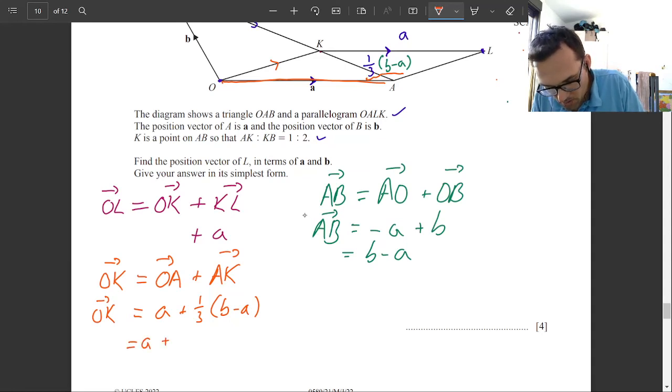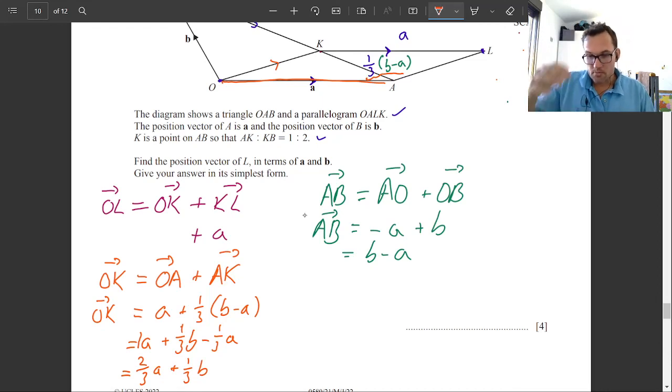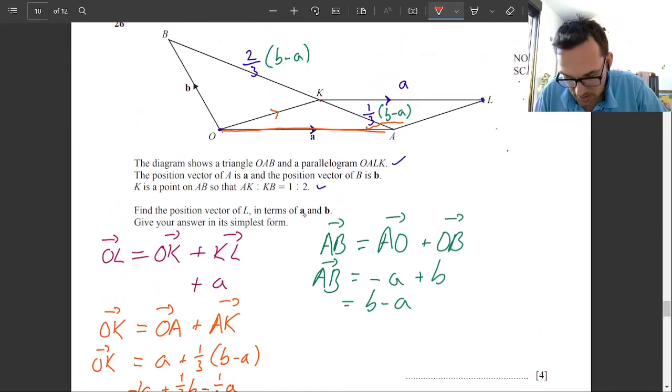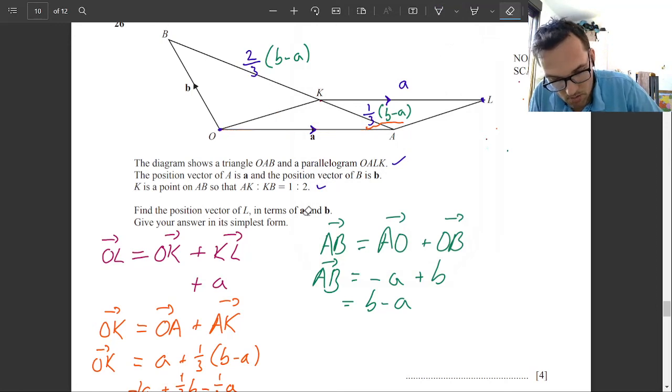That means A, multiply the brackets, that's 1/3 B minus 1/3 A. Imagine that's 1A. 1 minus 1/3 is 2/3 A, and 1/3 B. Sweet. Now we have OK. Now we can backtrack again to my original equation, which was up there. Remember, this is what we were going for: OK plus KL.